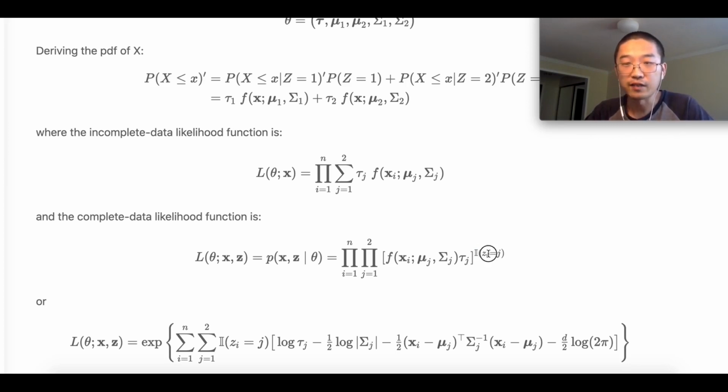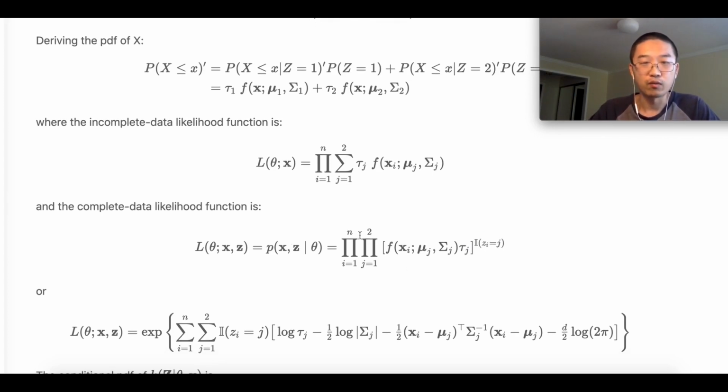That is, if the observation of zi is j, then this is 1. Otherwise, this is 0. So this is just a product of each individual PDF of the sample x and z.